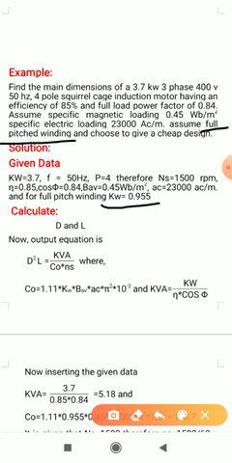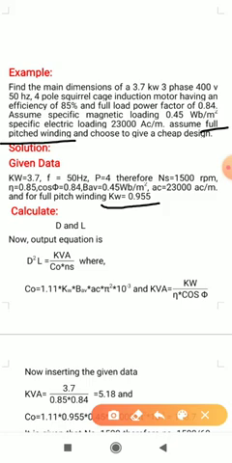Now friends, if you compare this example with the previous example, then you may find there is only one small difference, and that is in the previous example velocity was given, that is peripheral speed was given, and it is asked to find the main dimensions at the given peripheral speed.